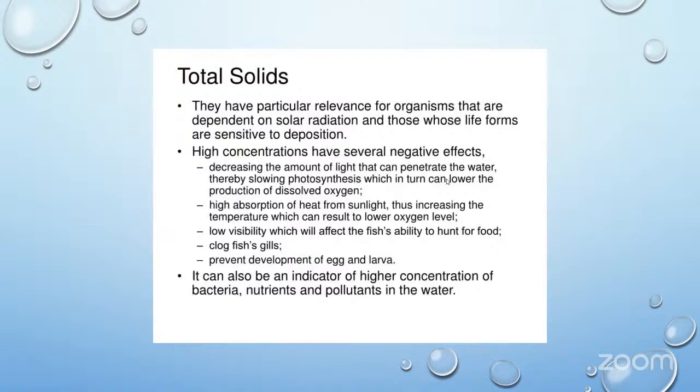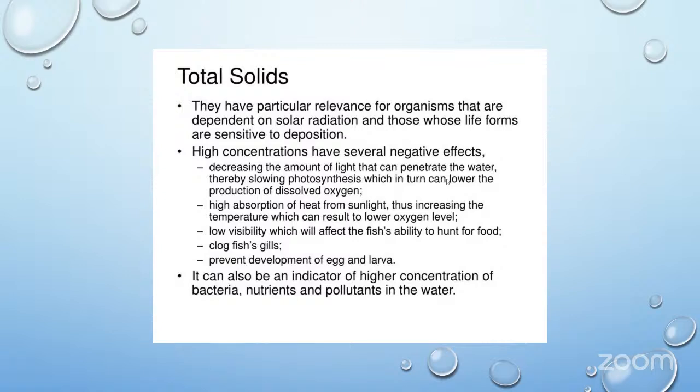They have particular relevance for organisms that are dependent on solar radiation and those whose life forms are sensitive to deposition. High concentrations have several negative effects, decreasing the amount of light that can penetrate the water, thereby slowing photosynthesis, which in turn can lower the production of dissolved oxygen.